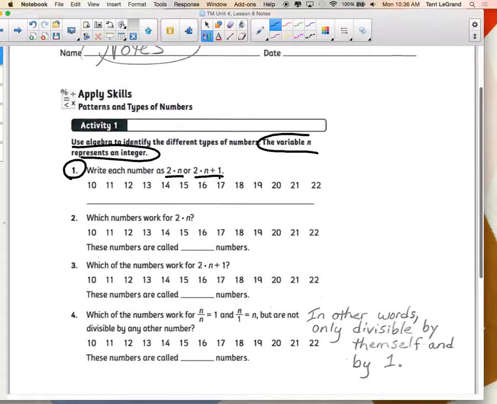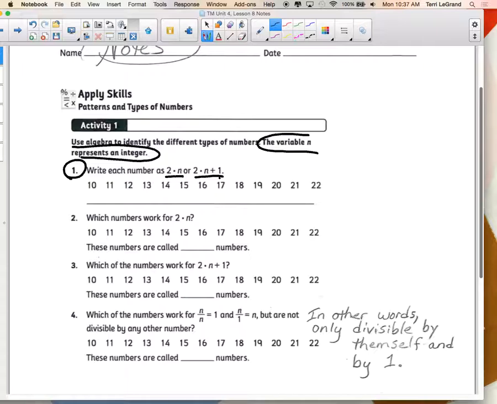What's an integer? Remember, what's the definition for an integer? Oh, we've forgotten. We gotta get this down. An integer is any whole number and its opposite. So give me an example of a whole number. 5. What's its opposite? Negative. And then both 5 and negative 5 are integers.